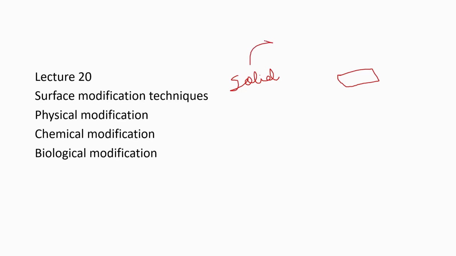So they vaporize this solid and then this vapor is coated onto the surface of the implant or our material of interest. This is different from chemical modification, in which there is basically liquid or gas which is converted into vapor phase and then coated onto the implants.